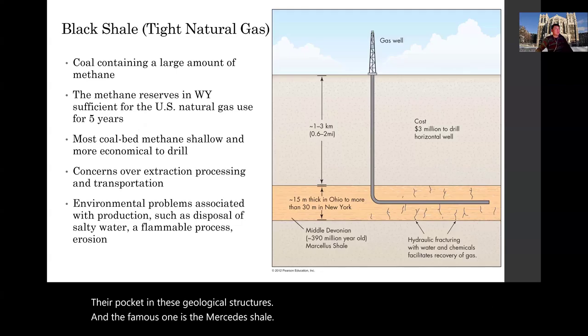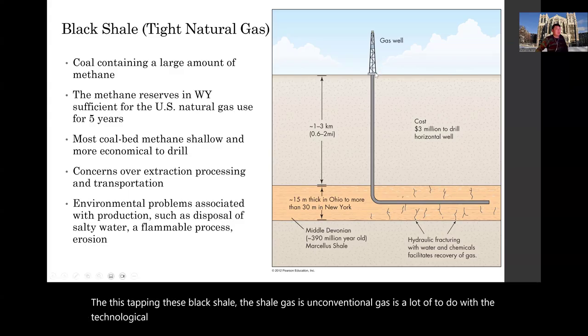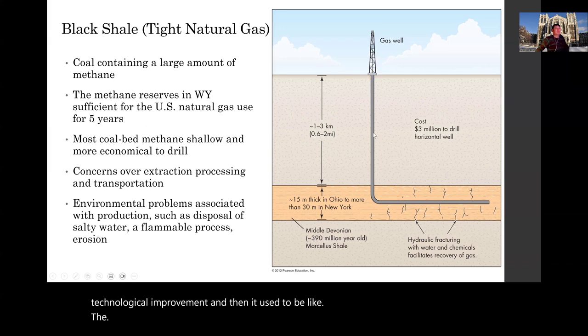So how does that work? Tapping these black shales, the shale gas, unconventional gas, has a lot to do with technological improvement. It used to be that when we drill the ground, the drill can only go straight down. One of the biggest inventions is horizontal drilling, which means you can drill down to a certain depth, actually shale depths, and then you can drill horizontally.